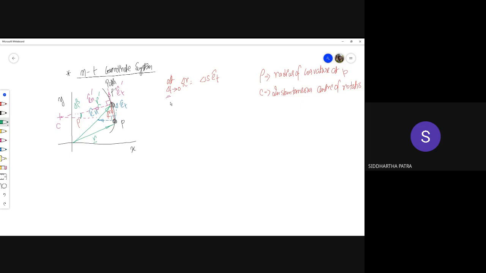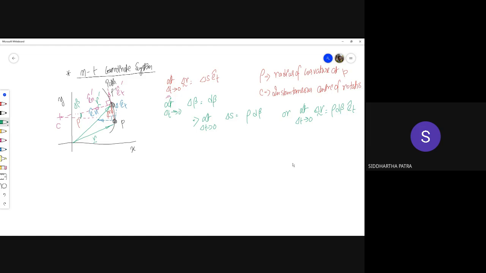So in the limit delta t tends to 0, this delta beta is also d beta, a differential angle, which is to say that delta s is rho times d beta, or in the limit delta t tends to 0, delta r is rho d beta et.